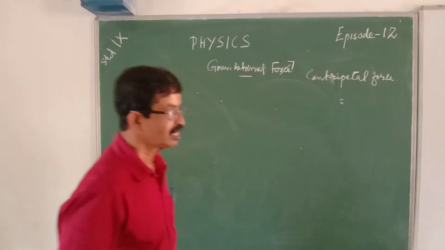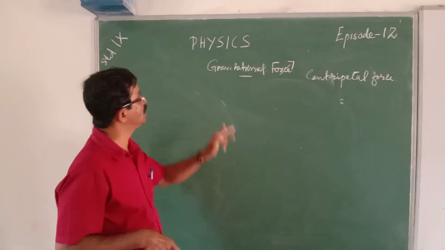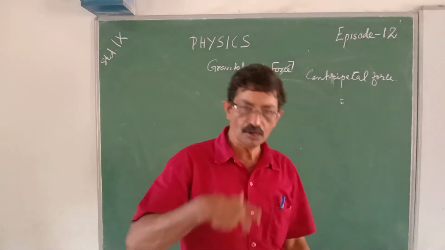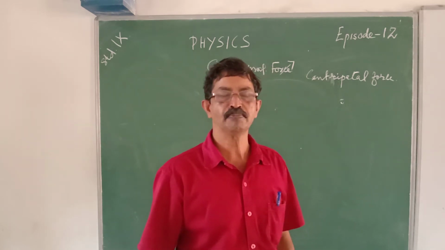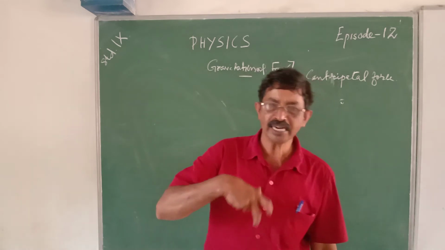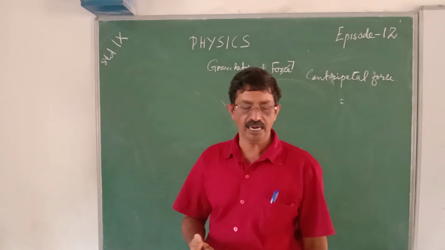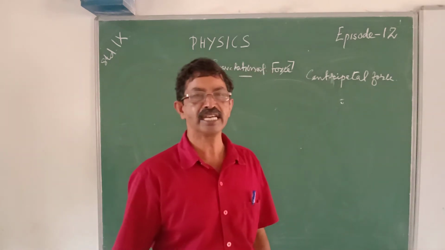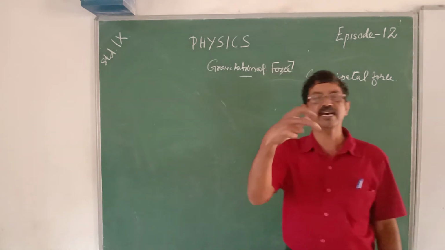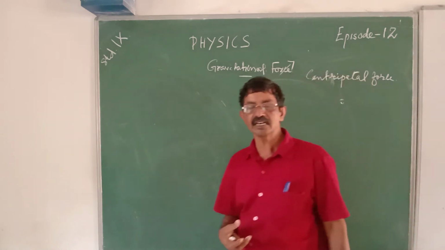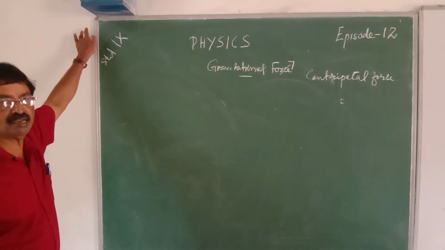Now see, by these observations, from the laws which were derived by Kepler, that is, Kepler derived three laws about the motion of planets, and they are called Kepler's laws of planetary motion.